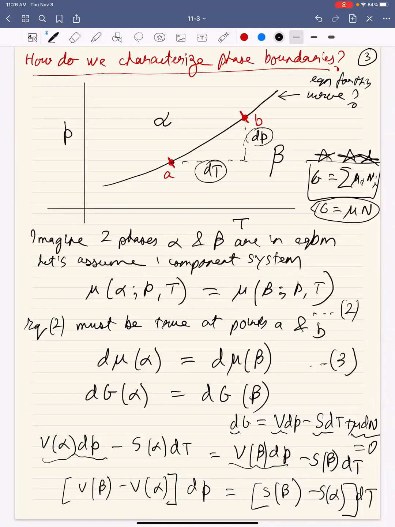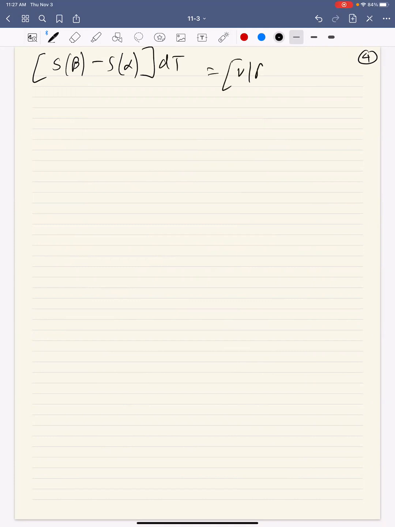Let me write this equation again on the next page. So we just showed, I'm rewriting it: S of beta minus S of alpha times dT is equal to V of beta minus V of alpha times dP.